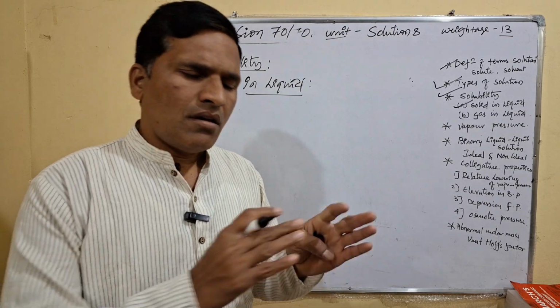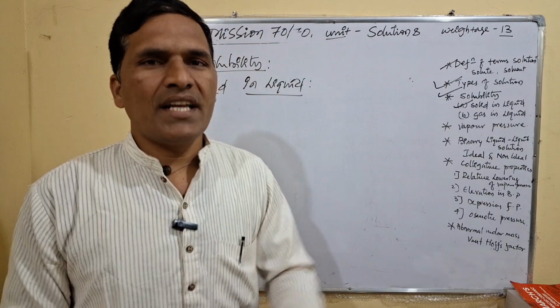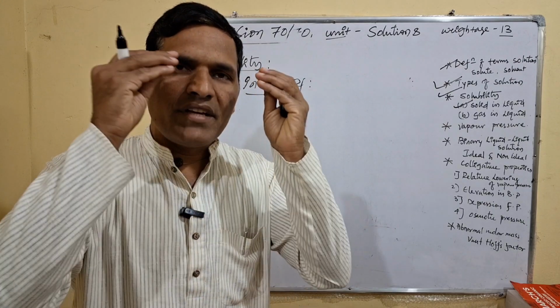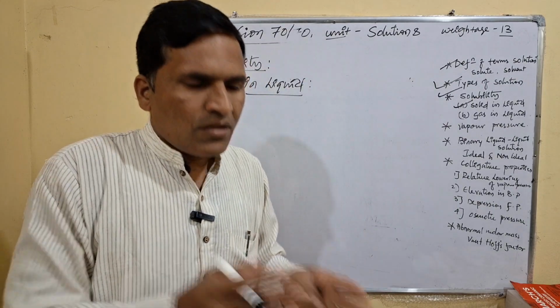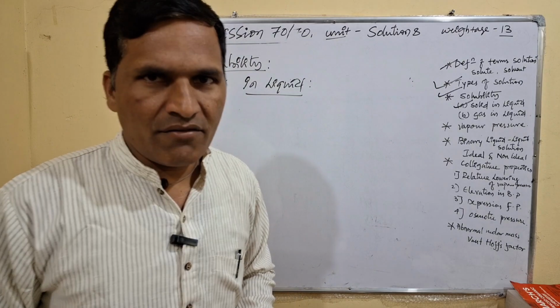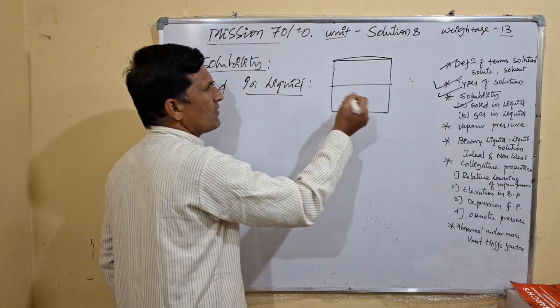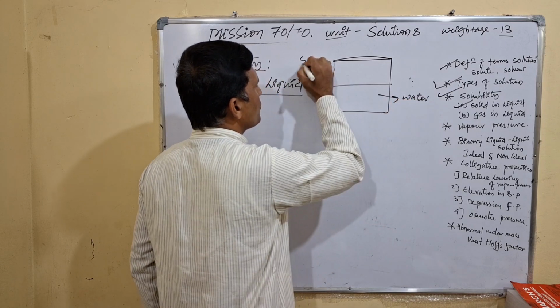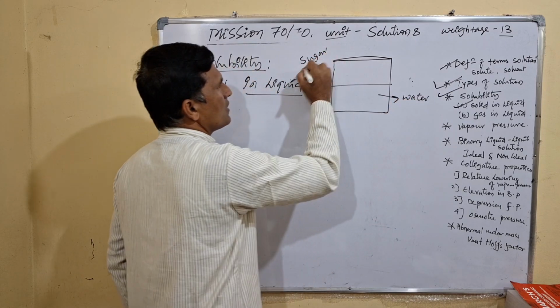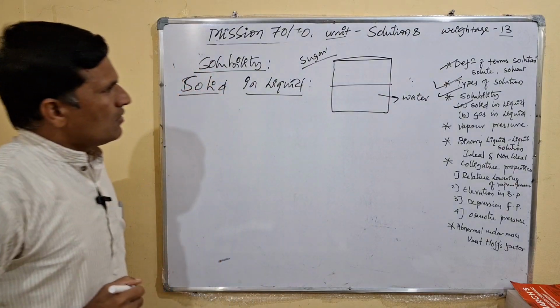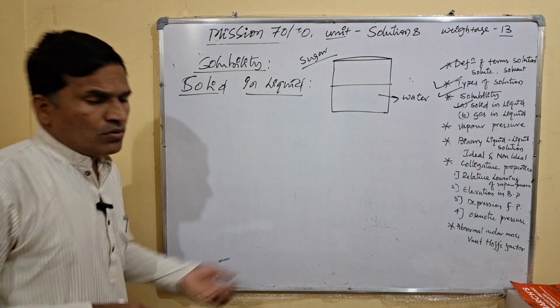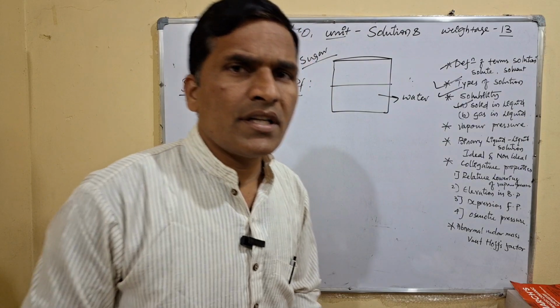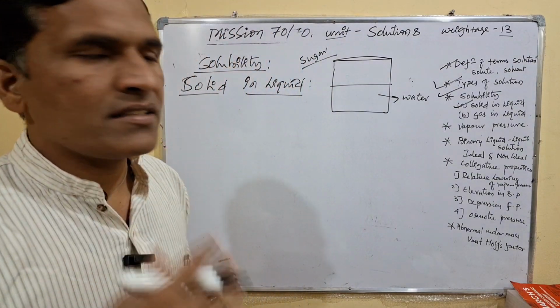So all these are the examples of solid in liquid, which is very common. Generally we have the perception that a solution means solid dissolved in liquid. Solute in a given solvent, right? We will take water and we want to dissolve sugar. So how much amount of the sugar I can dissolve in a given quantity of the water depends upon what factors, that we will see.